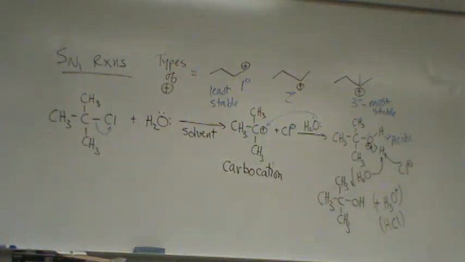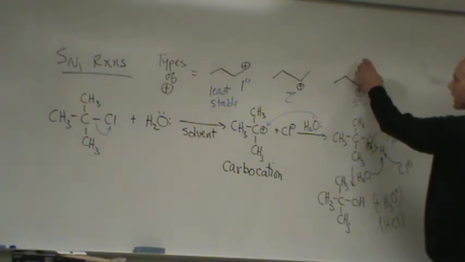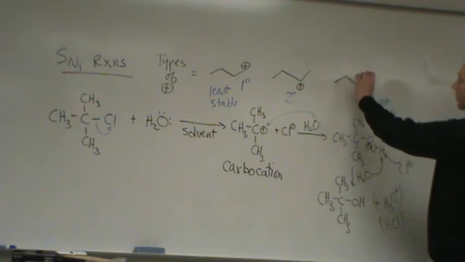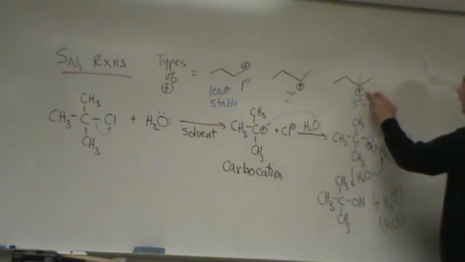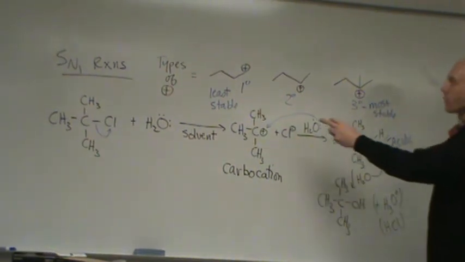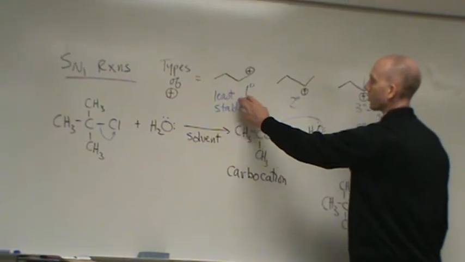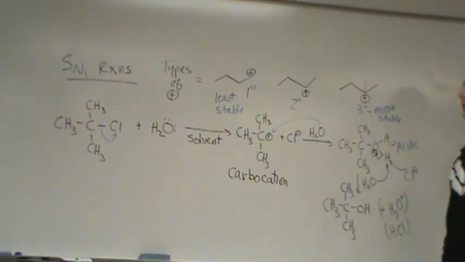The reasoning for that is that, remember, carbons are electron donors, so the more carbons I have, the more they can donate to help offset that positive charge. The fewer I have, the fewer I have to offset the positive charge.